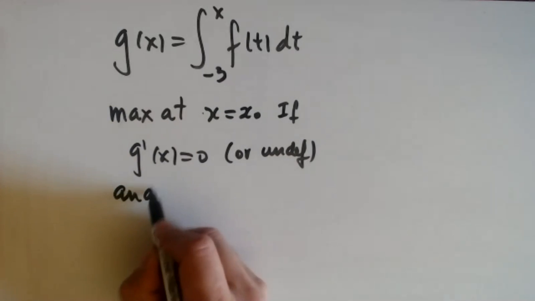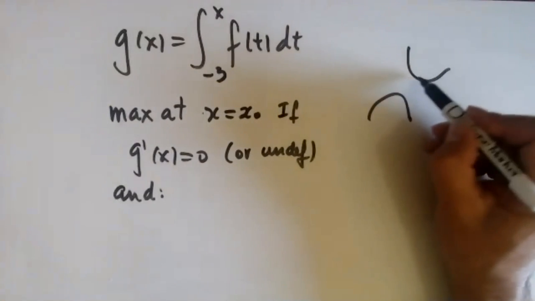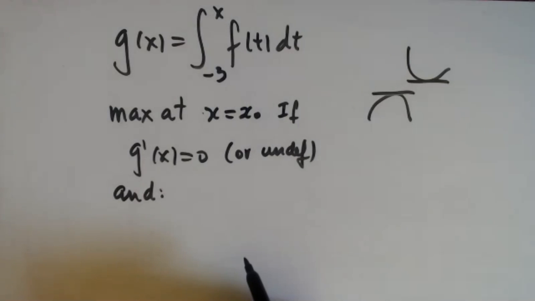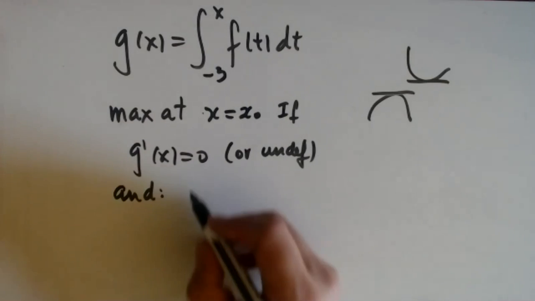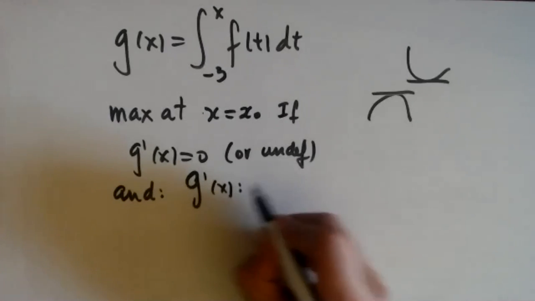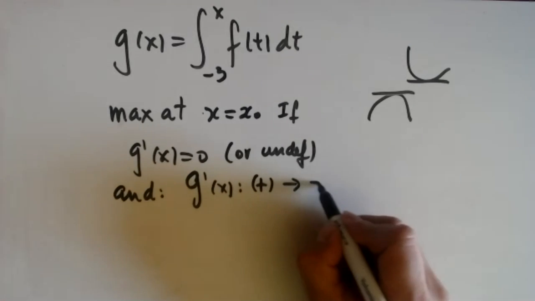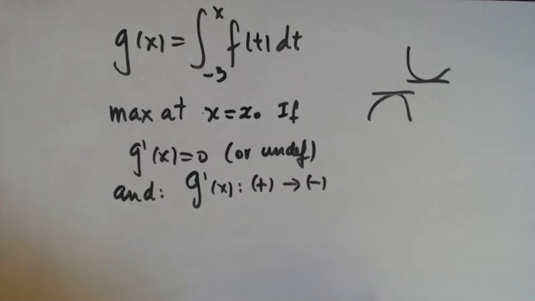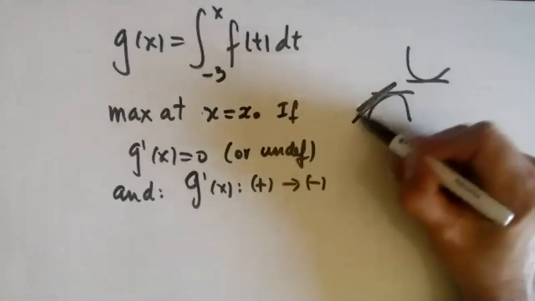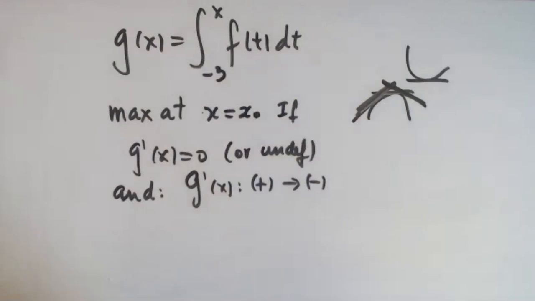And the second criterion, remember, because the min and the max have horizontal tangents, so you need to know what the second criterion is. So the first criterion: g prime of x changes from positive to negative, correct? So from positive to negative is the change in a max, correct?